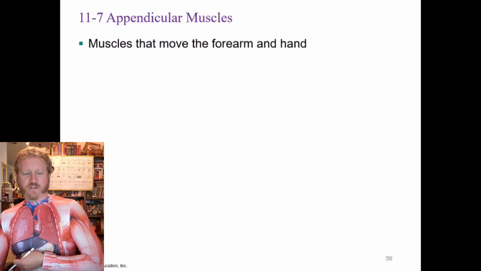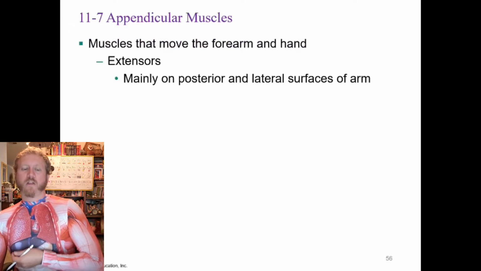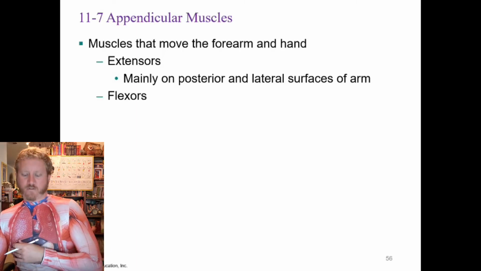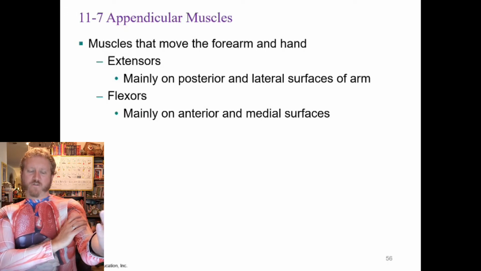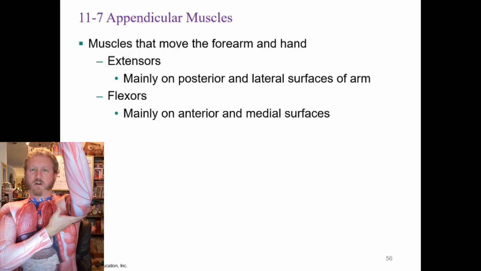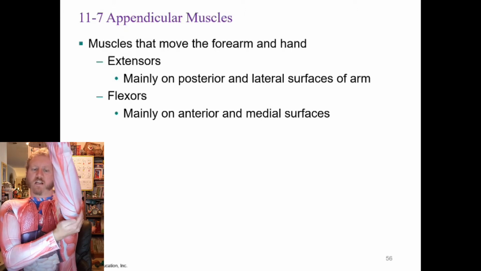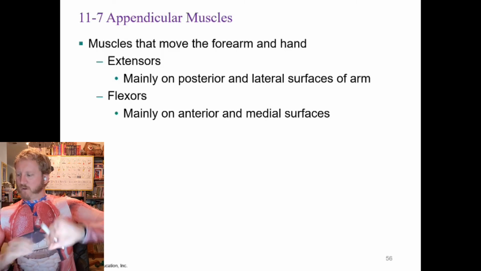The major extensors that move the forearm and the hand are mainly on the posterior and lateral surfaces of the arm, and the flexors are on the anterior and the medial surfaces. So your extensors are right here, and flexors are going to be right here.